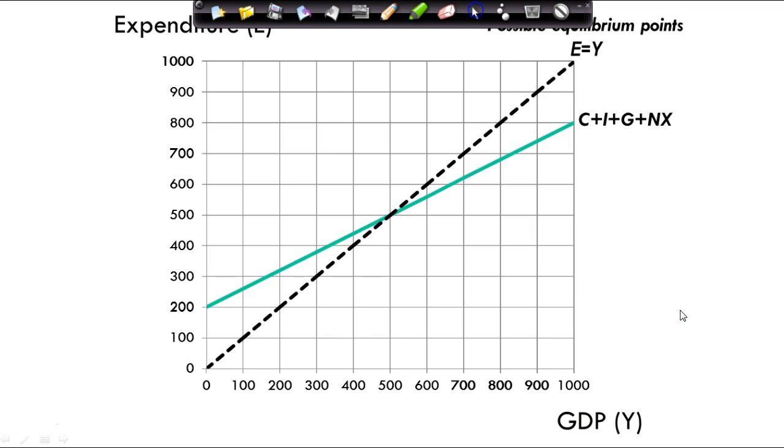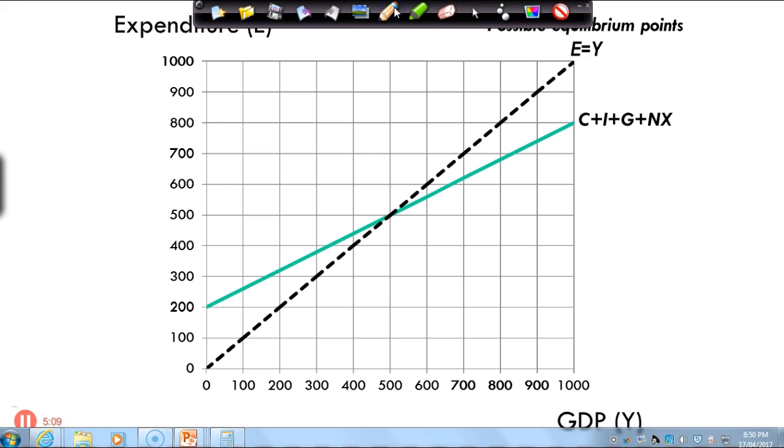So let's draw a dotted line showing all the possible equilibrium points, because these are all possible equilibrium points. Where's the actual equilibrium? Well, here's our actual expenditure line. So the actual expenditure line cuts the equilibrium line at this point here, 500 equals 500. So it's an easy way to find equilibrium.